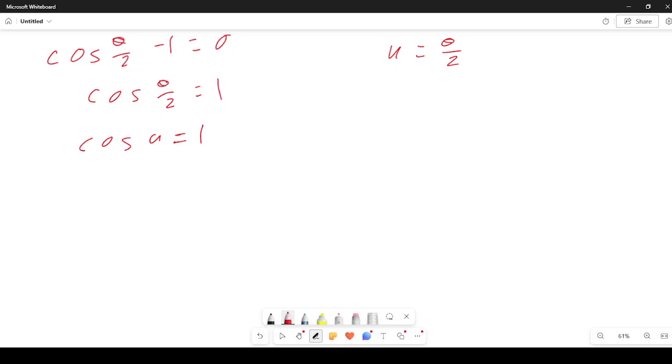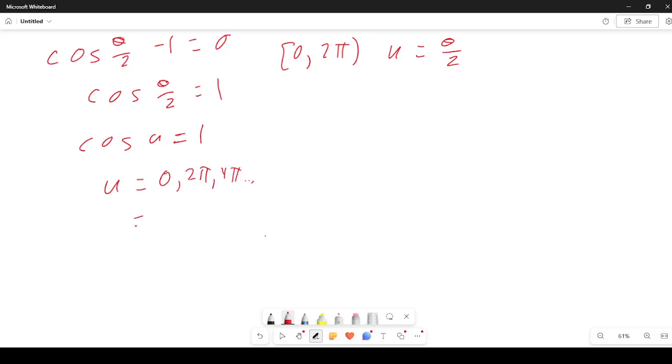We'll be given a domain for this one. 0 to 2 pi. Okay. So that means u must equal 0 or 2 pi or 4 pi, because cosine equals 1 would just be on the right.